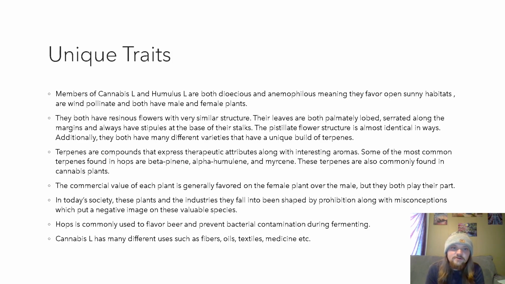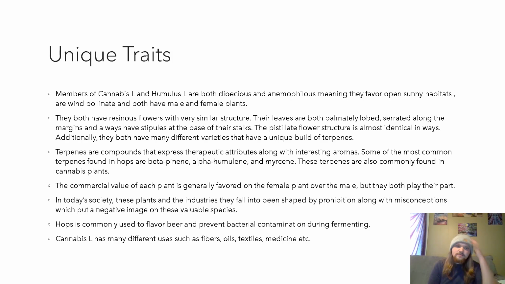And terpenes are compounds that express therapeutic attributes along with interesting aromas. Some of the most common terpenes found in hops are beta-pinene, alpha-humulene, and myrcene. Those terpenes are also commonly found in the cannabis plant.